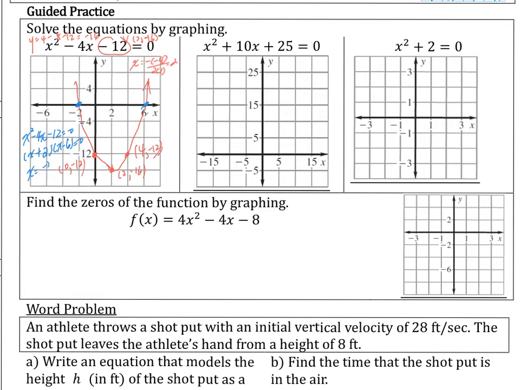So x equals negative 2 and 6. These are your solutions. And the next one, again, let's find the axis of symmetry.